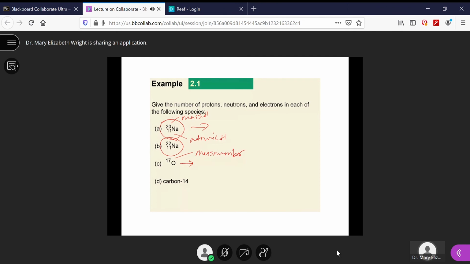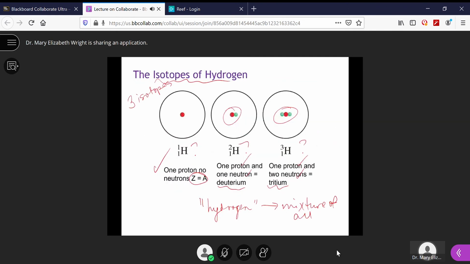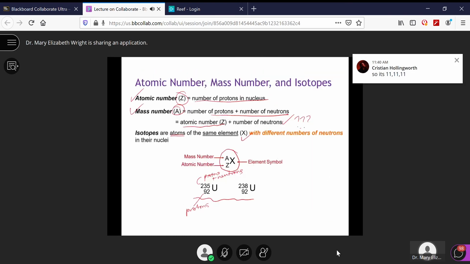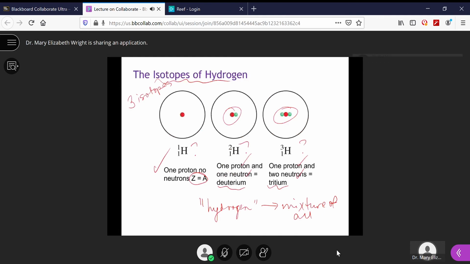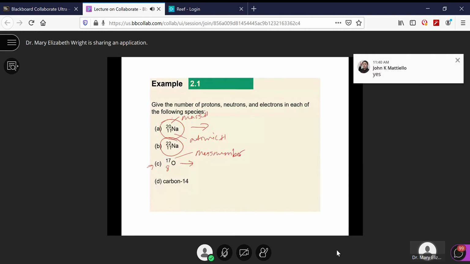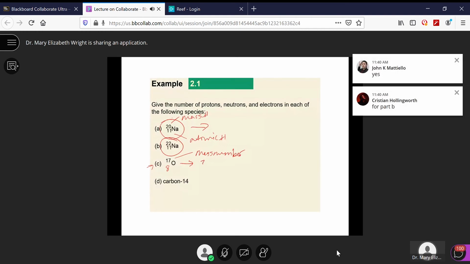Periodic table, excellent. So let's zoom back to the periodic table here, and we're going to find out that oxygen has 8 protons. So this is a perfectly acceptable notation, C, but let's for a moment put our atomic number down there. How many neutrons?